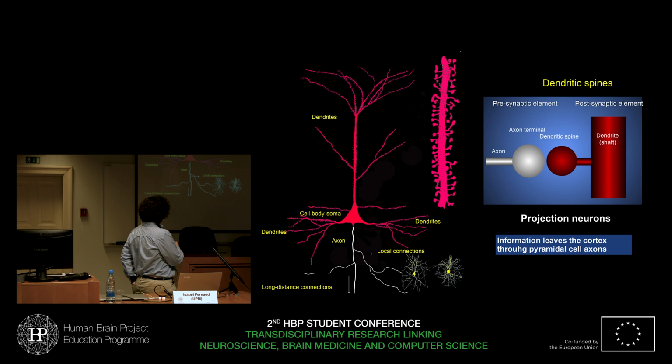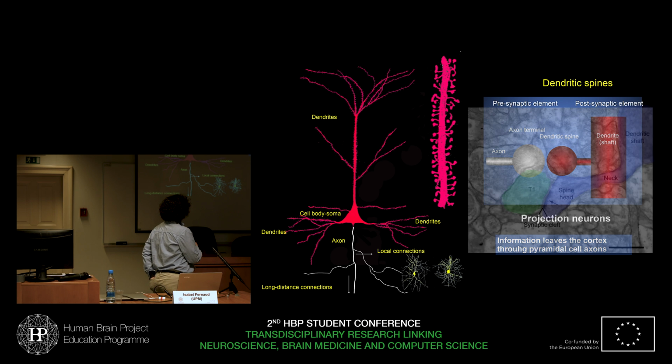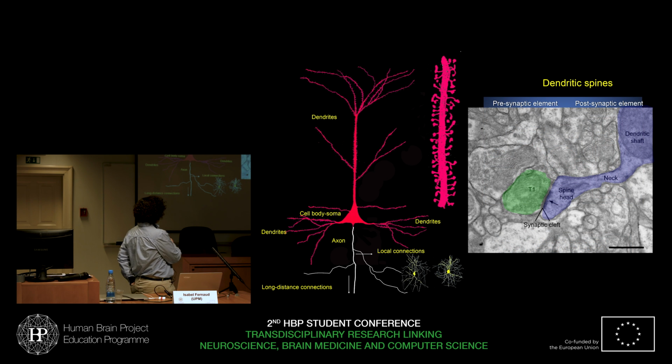Well, because they are the main postsynaptic element of the neuron, and it has a morphological correlate. If you take a picture by electron microscopy, you can see a dendrite here, the shaft of the dendrite, and coming out, the spine.